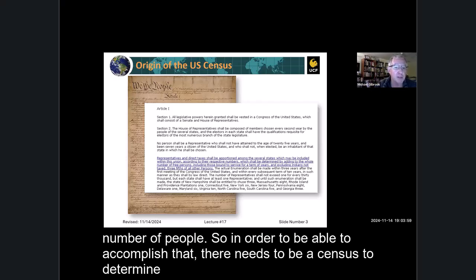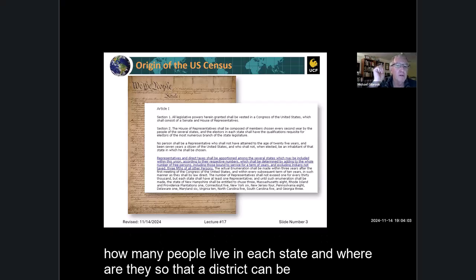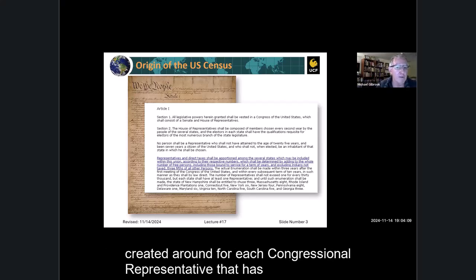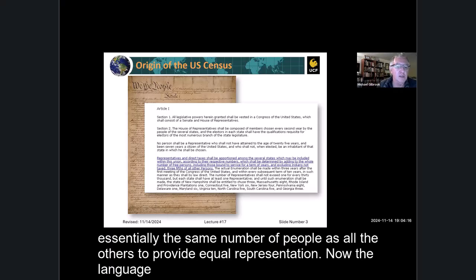So in order to accomplish that, there needs to be a census to determine how many people live in each state and where they are, so that a district can be created for each congressional representative that has essentially the same number of people as all the others, to provide equal representation.